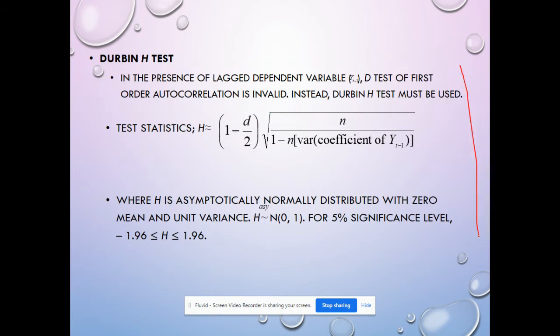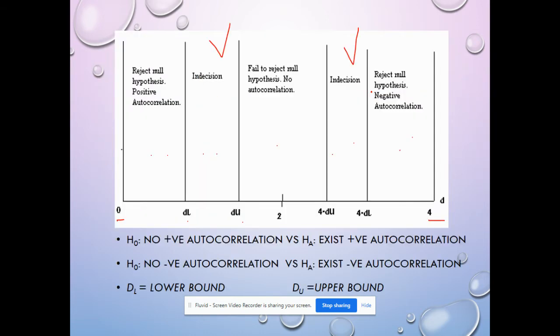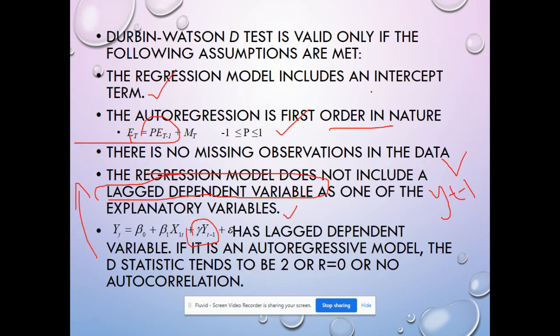The second one is what we call the Durbin-h test. This is the formula. If you see here, the formula includes the d, which means you must have the Durbin-Watson to calculate it. In the presence of a lagged dependent variable, like the model just now, the Durbin-Watson is not suitable.